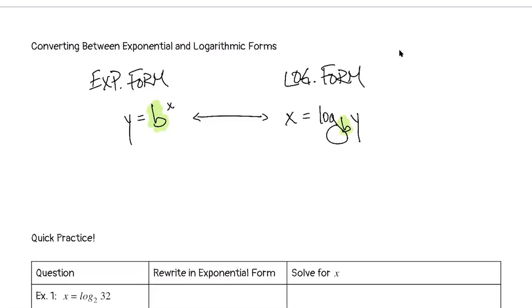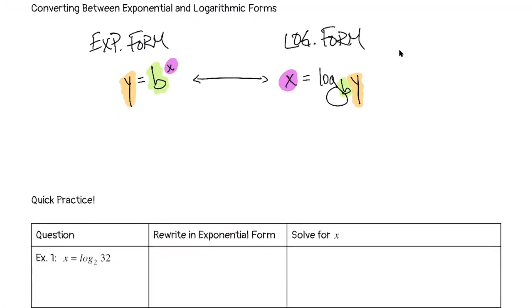And the y value for the exponential form is the number being logged in the log form. And our exponent here is the same as the y value in the log form. Being able to go back and forth between these two forms is super important.